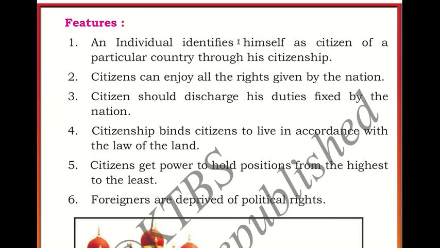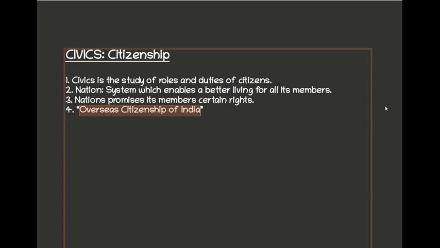An individual identifies himself or herself as a citizen of a particular nation through their citizenship. Citizens can enjoy all the rights given by the nation. So imagine, as an analogy, that there is a certain library and you are a member. So that means the library has given you a membership. So you can analyze citizenship to be similar to membership.